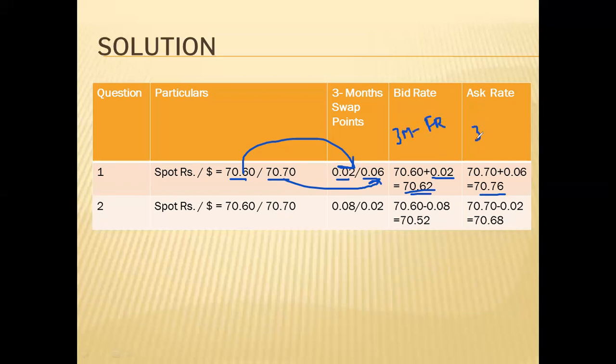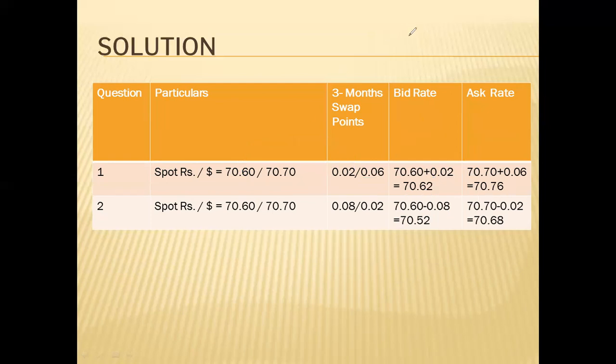Three months forward rate means if today bid rate is 70.60, after three months it will become 70.62. Similarly, if ask rate today is 70.70, three months afterwards the forward rate will be 70.76. Actual rate may be different. This is a contracted rate only.